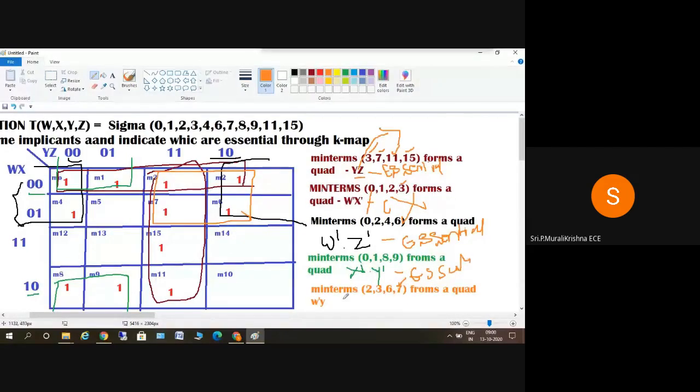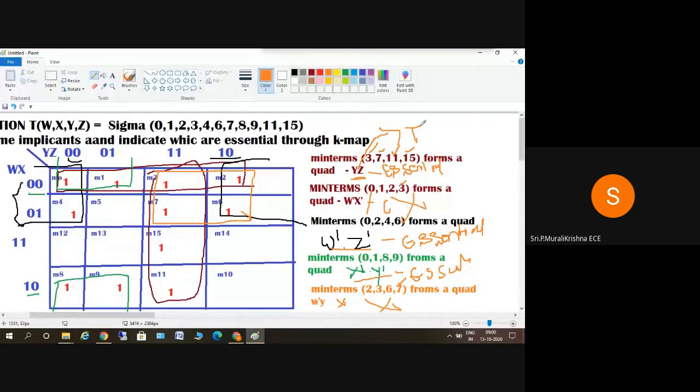And definitely this is not going to be essential because 2 3 6 7 are already covered, so this is also not essential here. So only 3 are essential. So what are the essential ones here? YZ, W bar Z bar, and X bar Y bar.